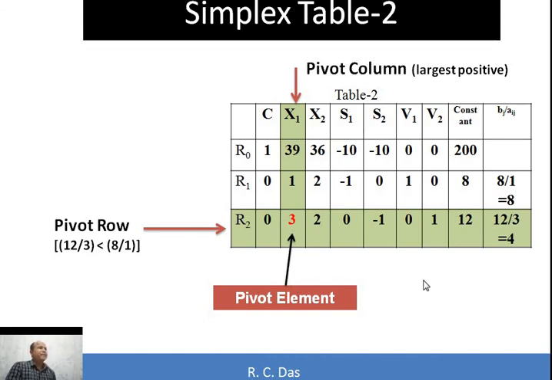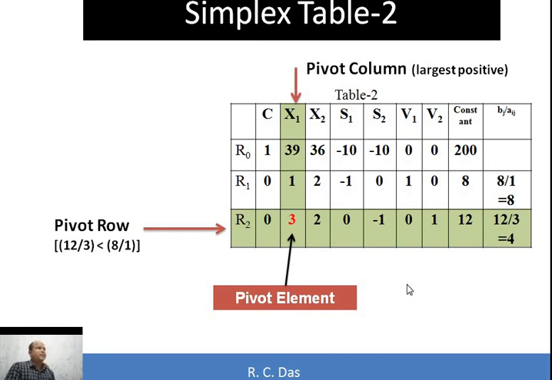Now, we have to convert all the elements of this table 2 in such a way that the pivot element becomes 1 and the other elements of the pivot column become 0.